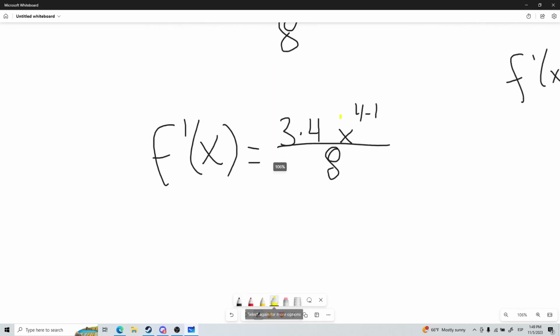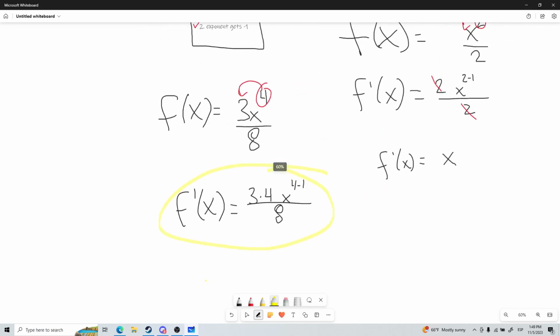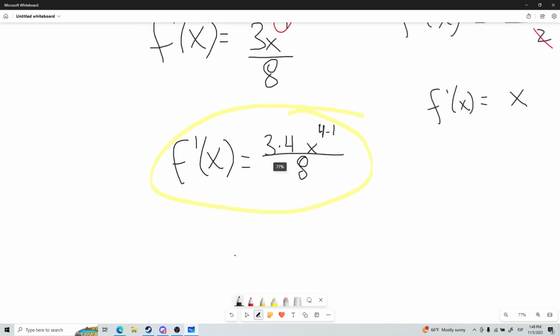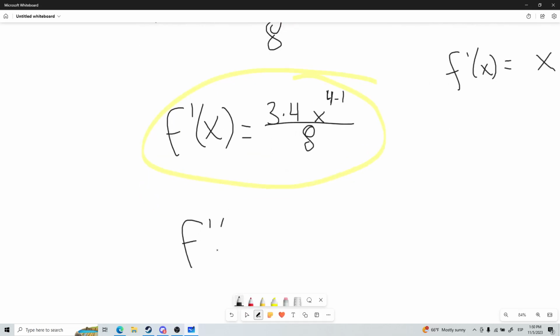Always do this step in between. Some people try to do everything in one go. Just do the step in between, do the 4 minus 1, write it down, be organized, make sure you get full credit. People lose points because they don't do that extra step. Just do the extra step. It's worth it. So 3 times 4 gives you 12, x to the power of 3 divided by 8.